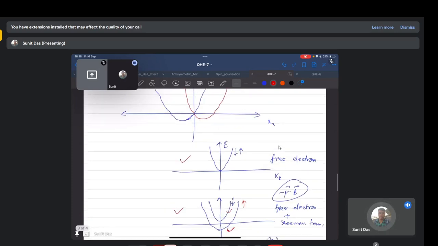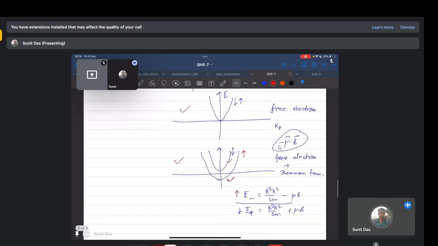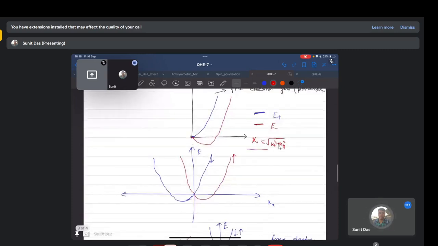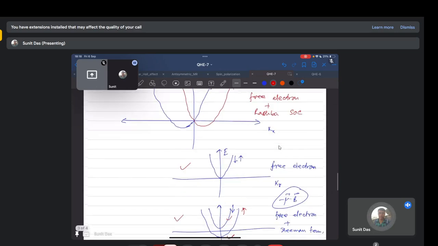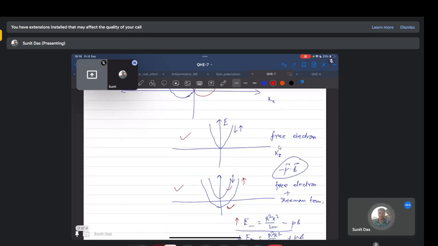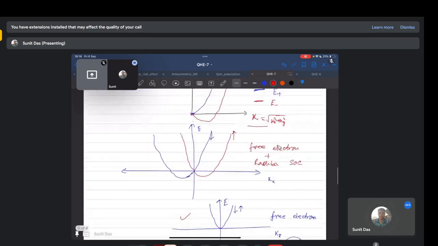But without this Zeeman term, if we have free electron plus Rashba spin orbit coupling, Rashba SOC, then we are not going to have this kind of up and down, but rather they will be mixed.